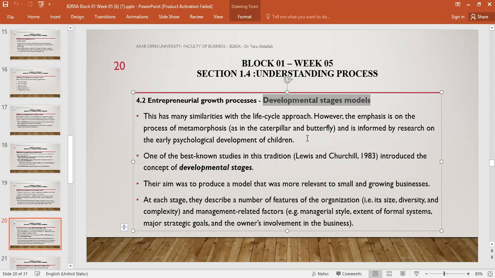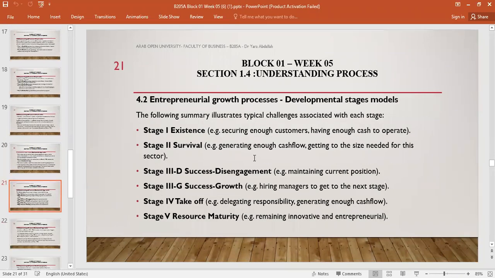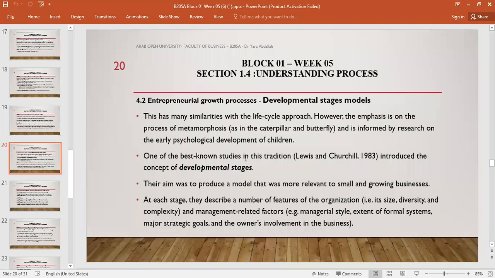It is concerned with defining the challenge in each phase and the illustration of the challenge. This is why this model is more relevant to small growing ventures.